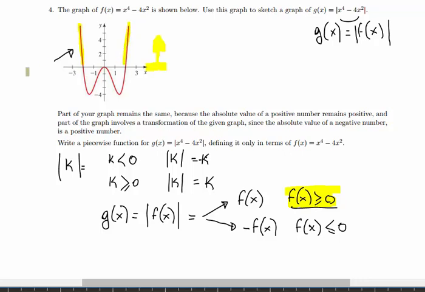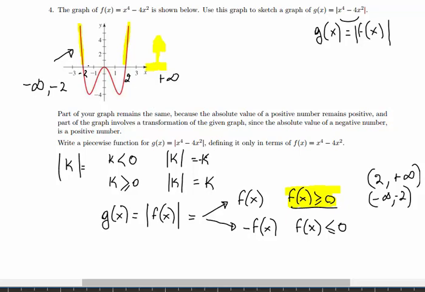So this happens from negative infinity to negative 2, that is the point right here, and from positive 2 to positive infinity. So this means that from negative infinity to negative 2, and from 2 to positive infinity, the g of x is the same with the f of x. So the graph will be the same.